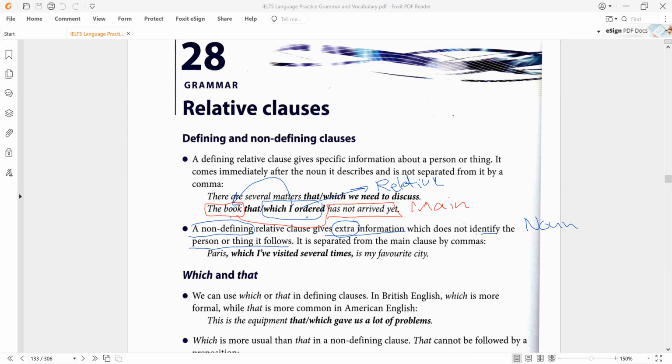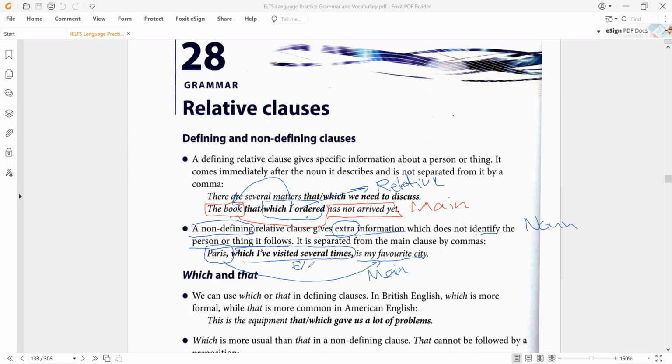Now, look at this. Paris, which I have visited several times, is my favorite city. Paris is my favorite city. هذه المين sentence. Paris is a beautiful city. Paris is my favorite city. Which I have visited several times. هذه extra.